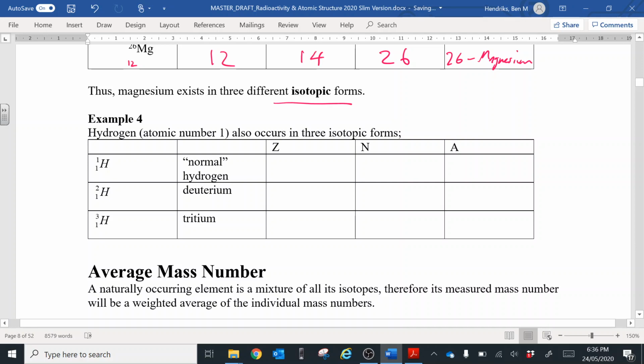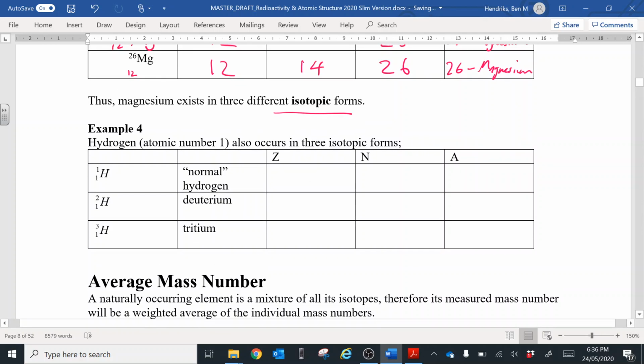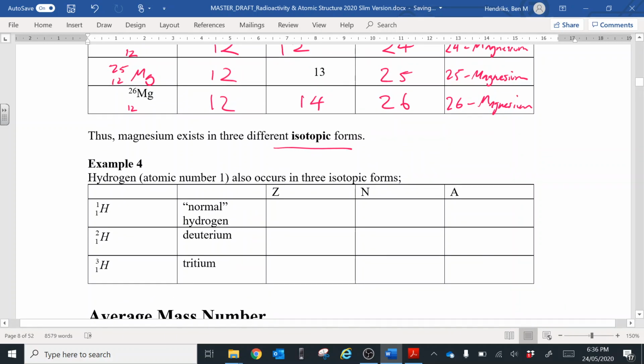Similarly, we have now example 4, hydrogen. Now, the hydrogen atoms have special names, and maybe you've heard of these before, deuterium and tritium. So we have hydrogen 1, deuterium is hydrogen 2, and tritium is hydrogen 3. So the protons are 1 in all of these.